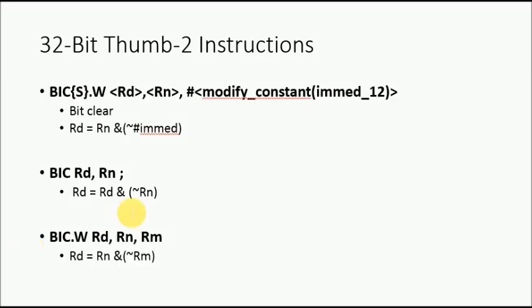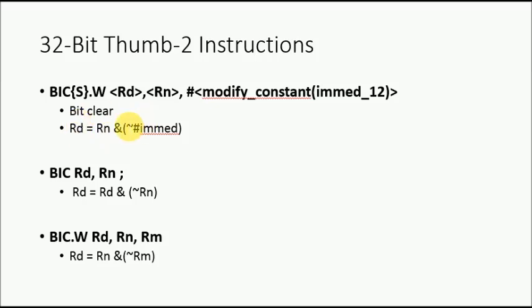The next instructions are bit clear instructions. So here BIC{S}.W Rd, Rn, #modify constant immediate 12-bit. This instruction is going to clear bits.